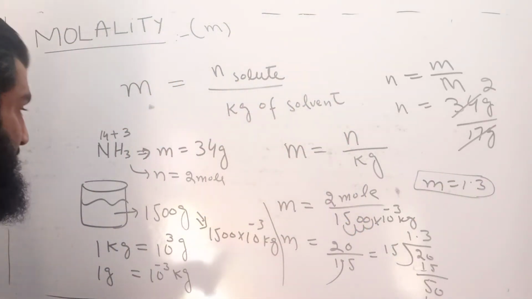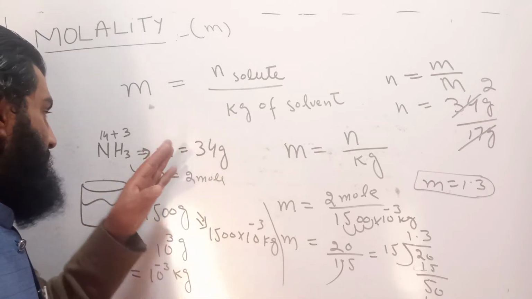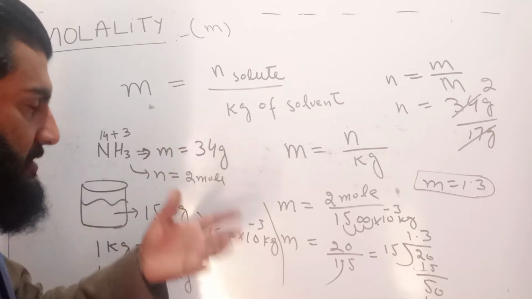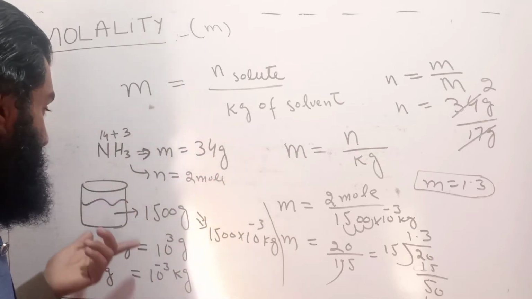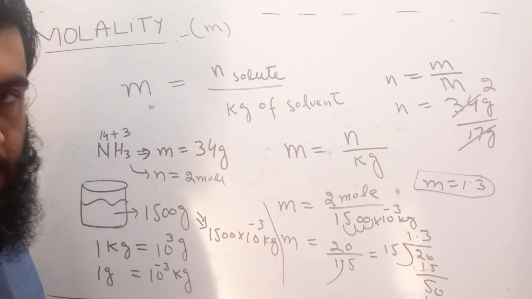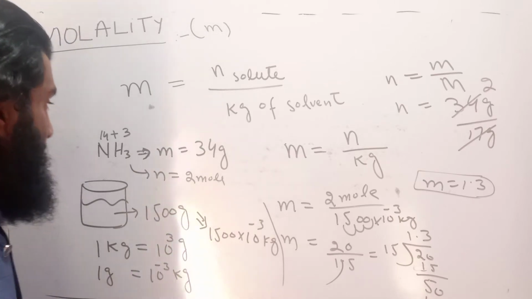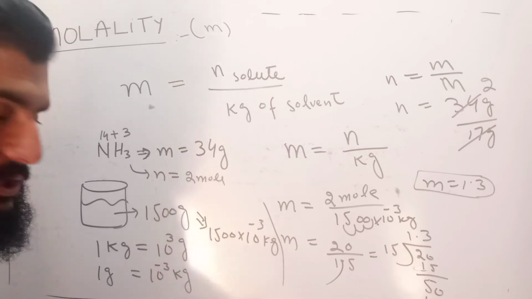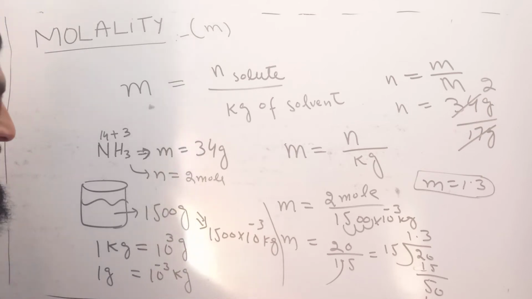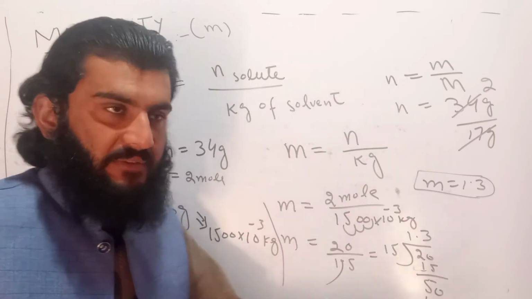So the question was that if we add 34 gram of solute in 1500 gram of solvent, then find the molality. So we answered that molality is equal to the number of moles of solute in kilogram of solvent.